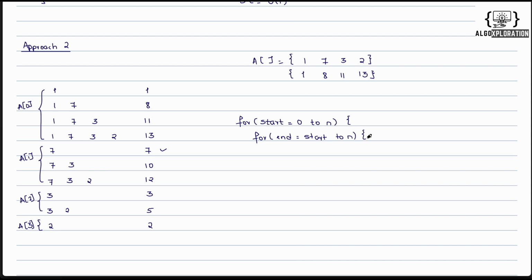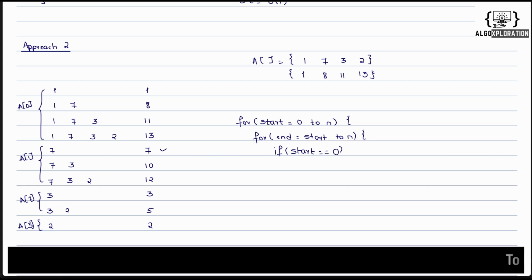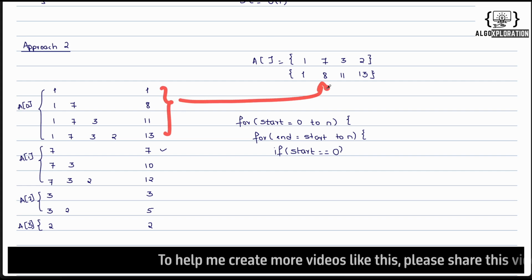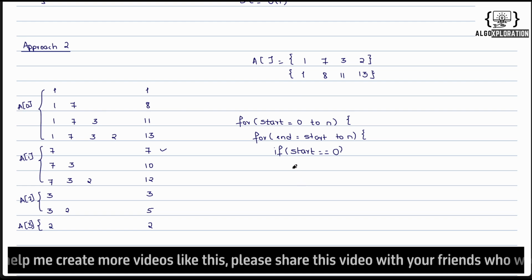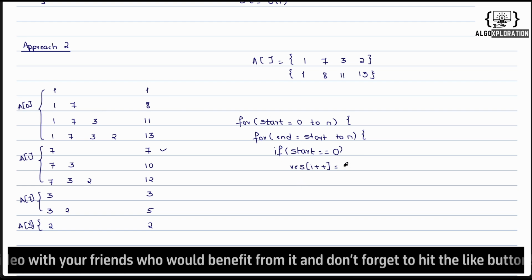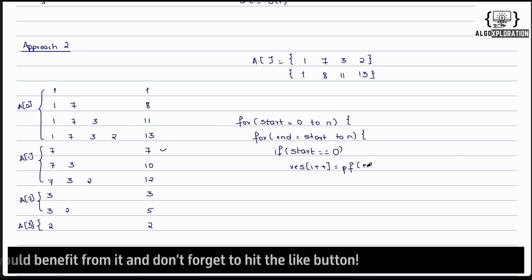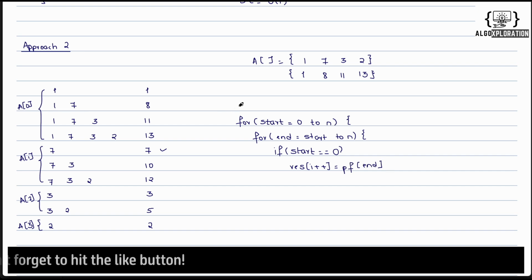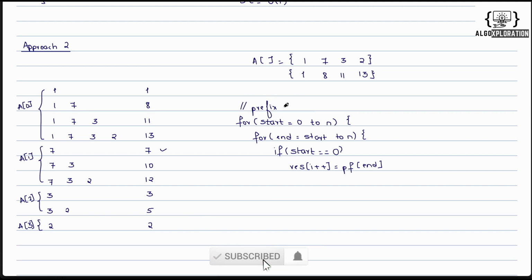Okay, now if my start is 0, I don't have to subtract anything, because if my start is 0, we can see that the answers are already present in the prefix sum, right? So my result of I plus plus will be simply pf of end. Okay, but before that we have to create the prefix sum array.